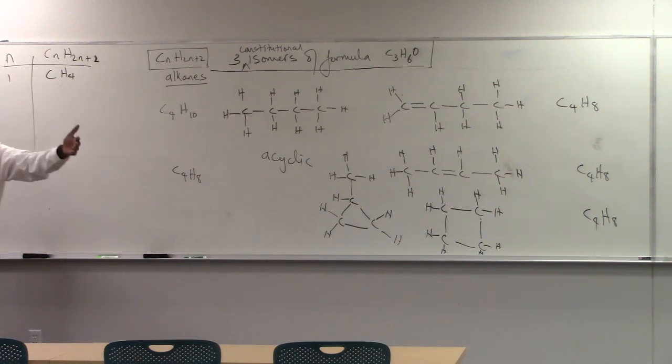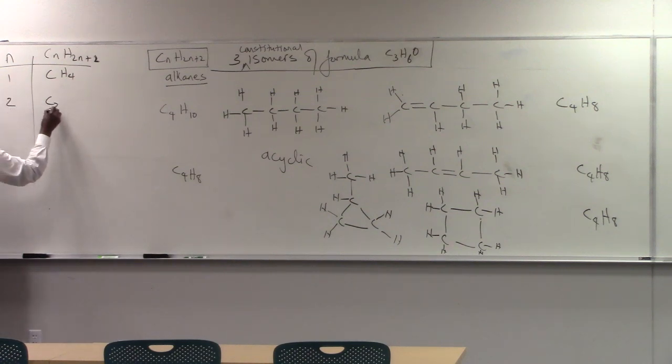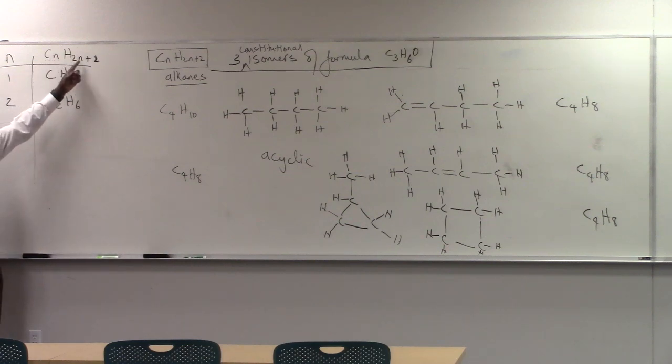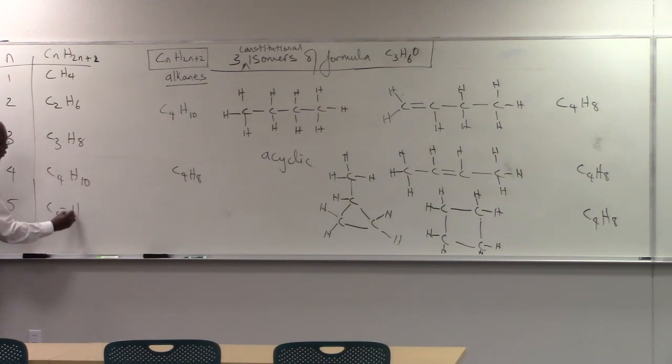That's the marsh gas. That's what's pumped into houses. When n is 2, our formula is C2H6. 2 times 2 is 4, plus 2 is 6. When n is 3, C3H8. When n is 4, C4H10. When n is 5, C5H12.